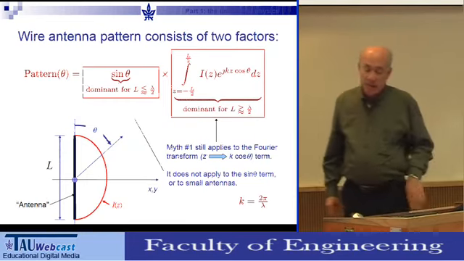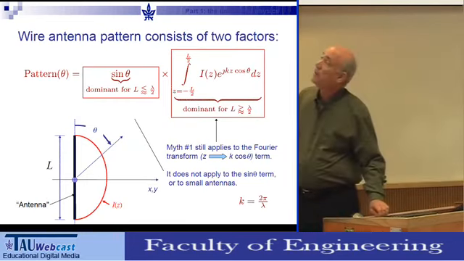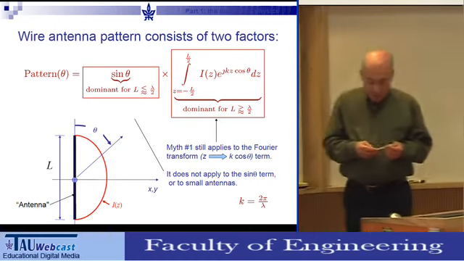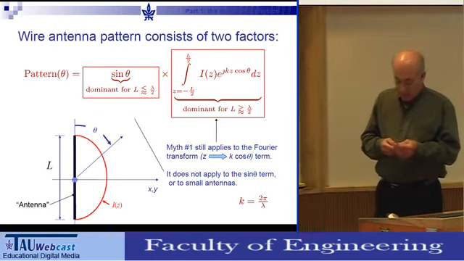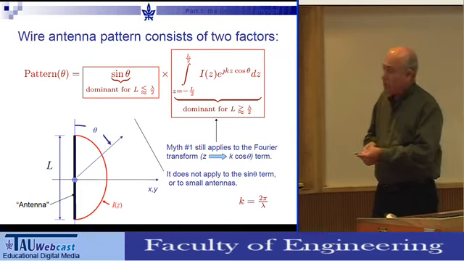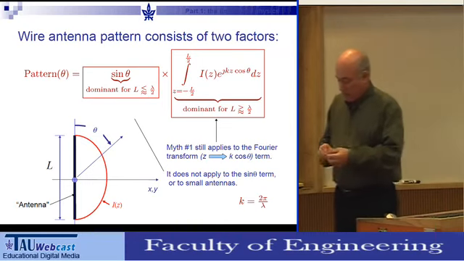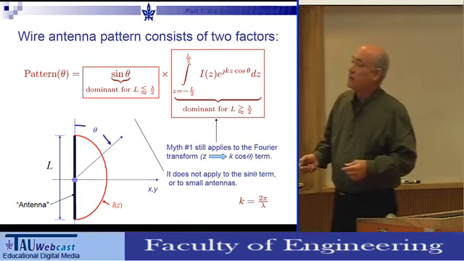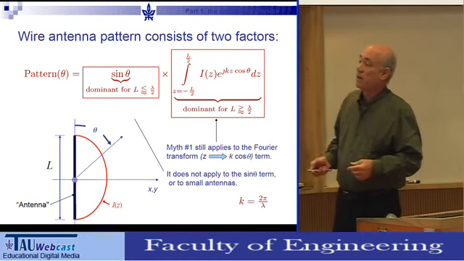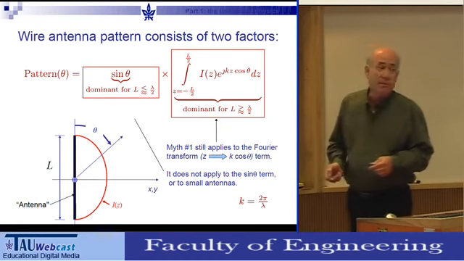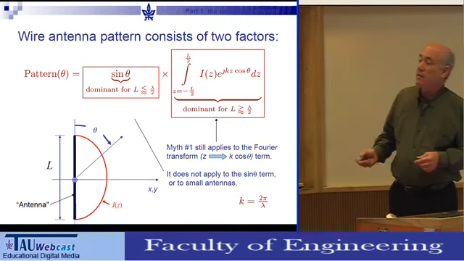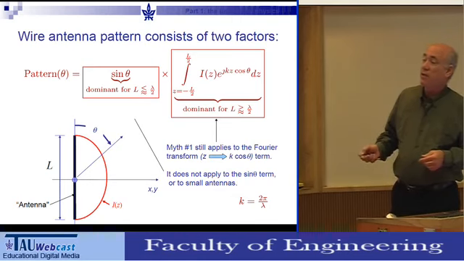And the reason is that if you look at the pattern of, say, a wire antenna, okay, this is the wire antenna, which has a length of L. There's a current flowing on it. And let's suppose that the current has this kind of shape, or rather distribution along the wire.